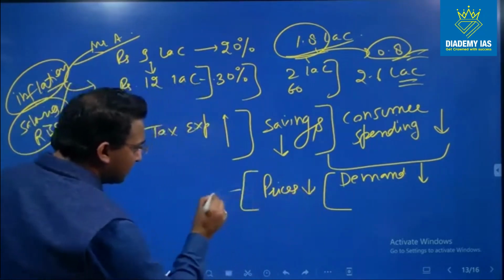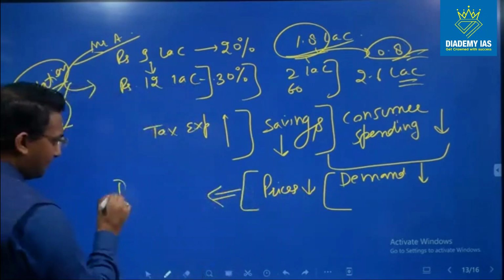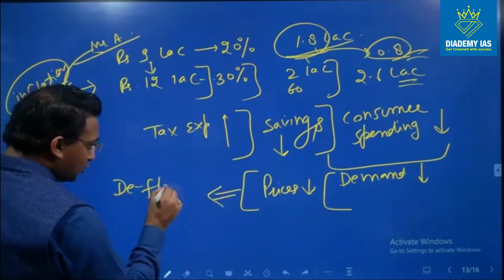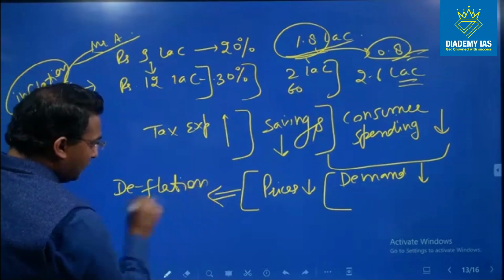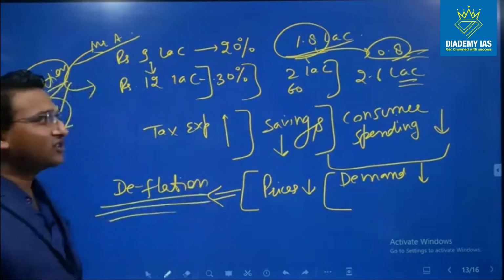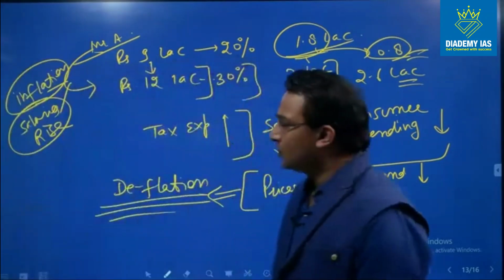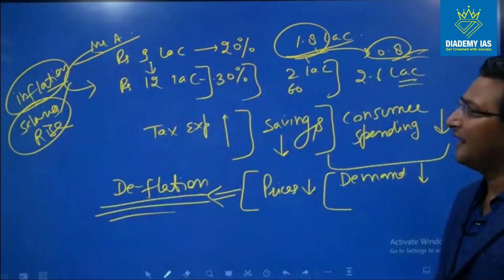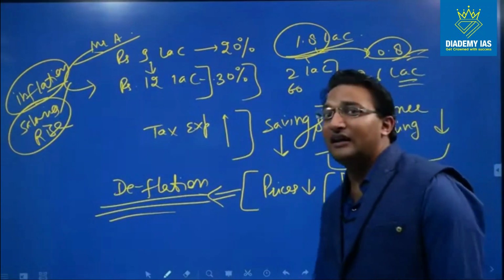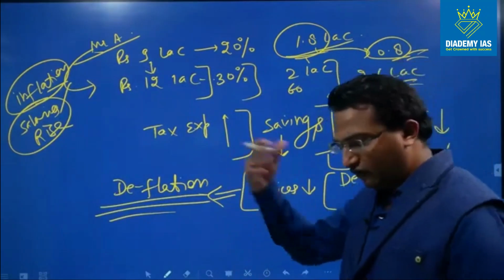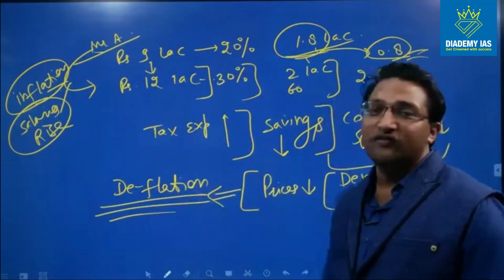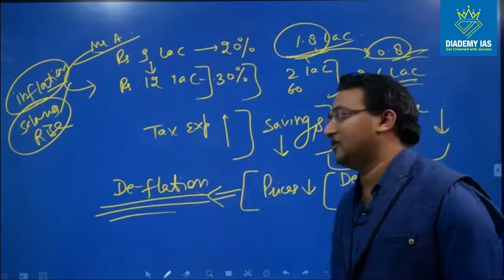So prices of the goods and services reduce means there will be a situation of deflation. So deflation is the opposite of inflation. In case of inflation the prices are rising, and in case of deflation the prices are decreasing, right?